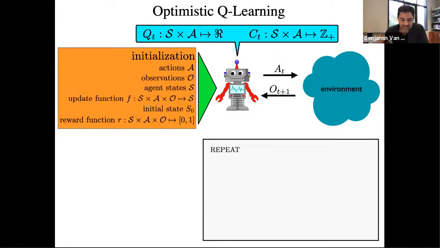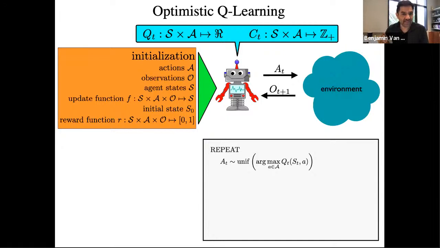The agent repeats a number of steps over and over in each time step to generate the next action. The way it's going to generate the next action, it's going to take a greedy action. It's going to take an action from the set that maximizes the action value function. Q_t(s, a) is its prediction of future value given state s and action a.